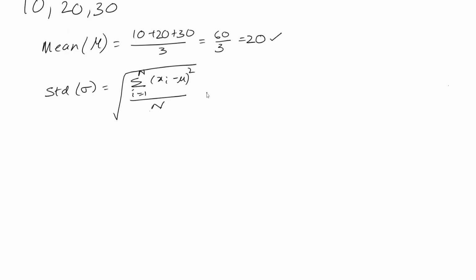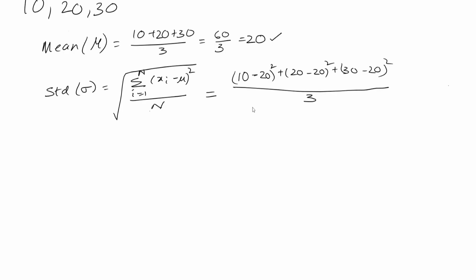So in order to do this, the first data point is 10, take away mu which is 20, whole squared, plus 20 take away 20 whole squared, plus 30 take away 20 whole squared, whole divided by the number of data points, which is 3, and we have to take a square root of this one.